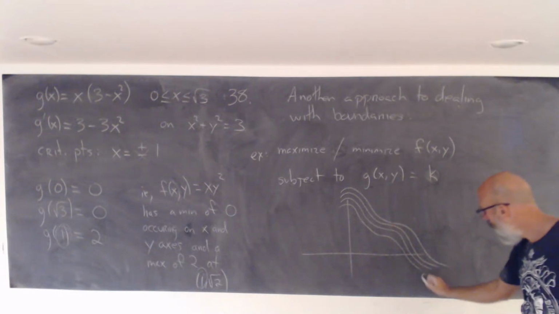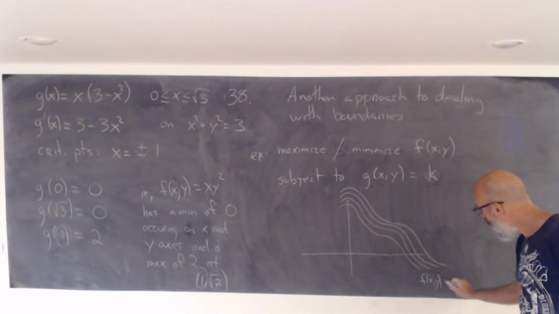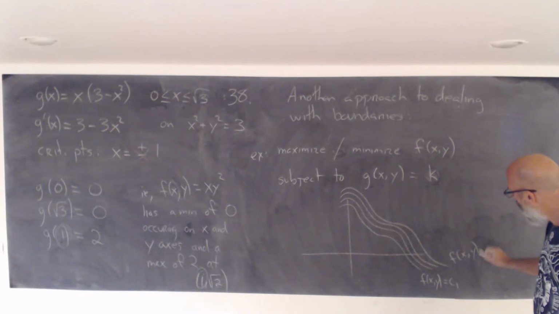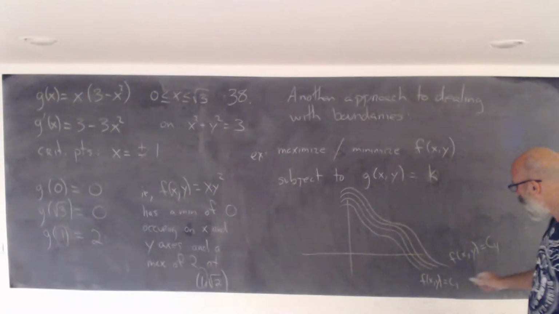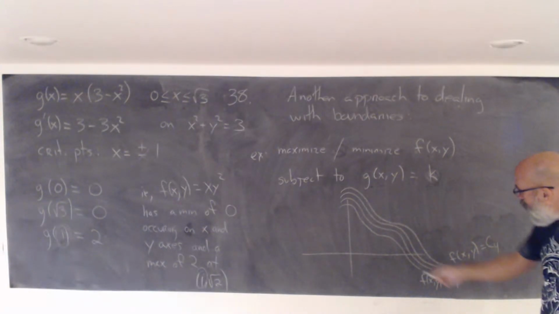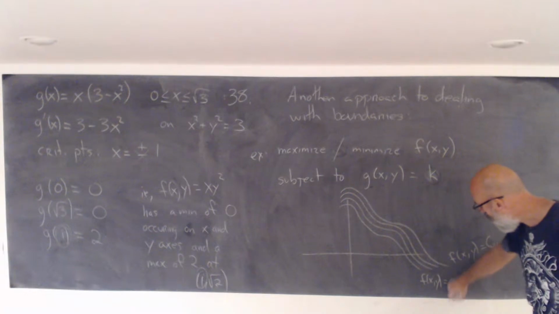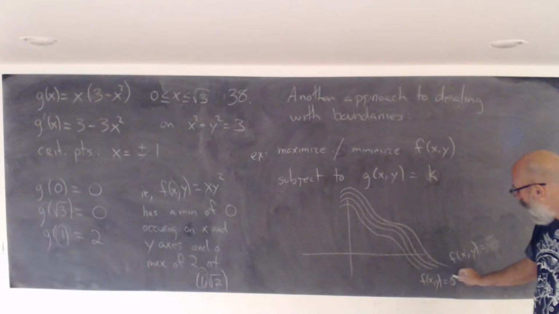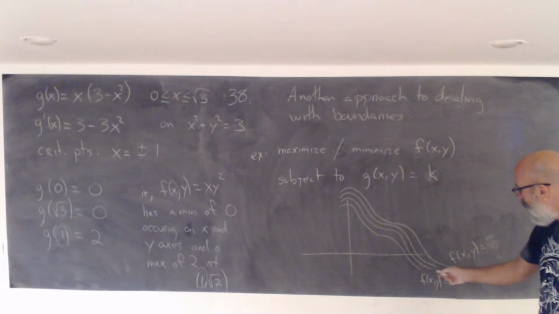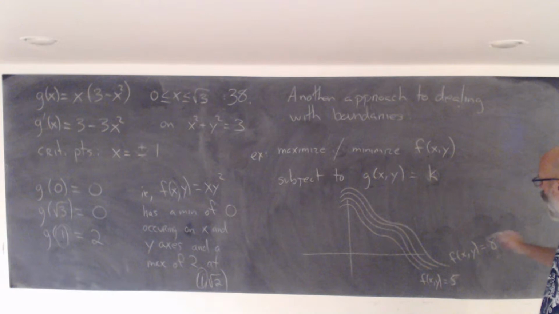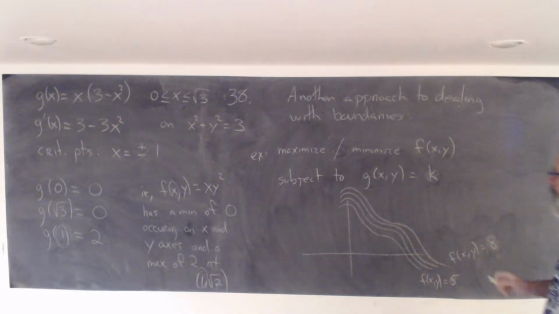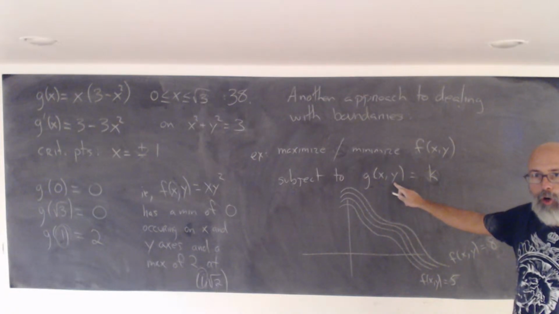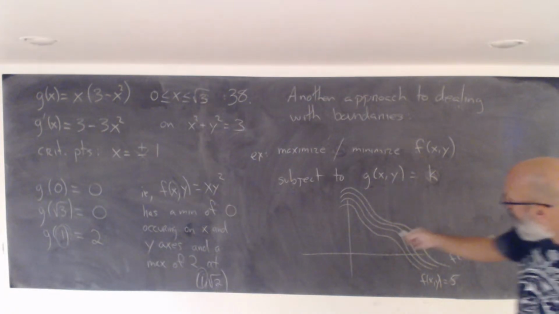So maybe f of x, y equals c1, f of x, y equals c4, and so on, right? For different c's, you get this family of curves. So maybe f of x, y equals 5, 6, 7, 8, and so on. And if you were to graph that, it's again a curve in 2 dimensions, right?